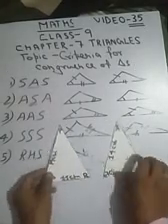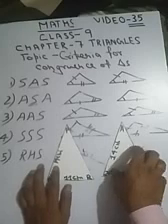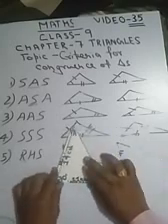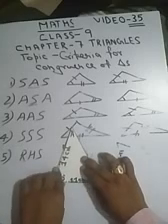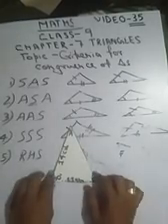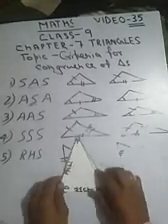Let's check whether they are overlapping or not, because congruent triangles overlap each other. See, look at this. So this overlaps each other. We can keep PQ over AC also. Let's check this also.